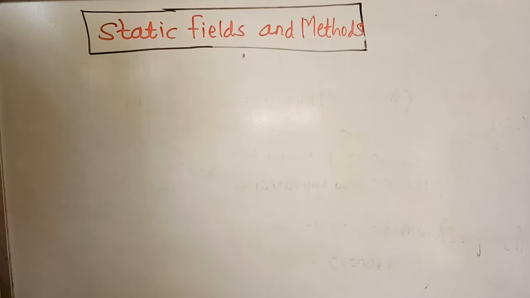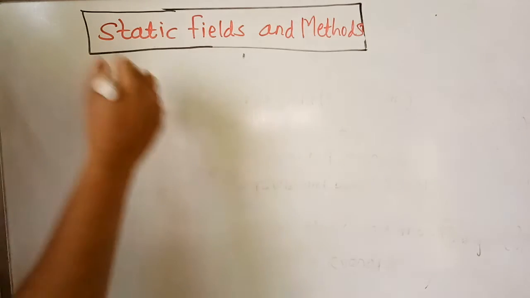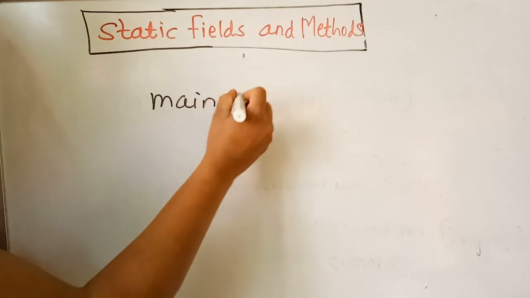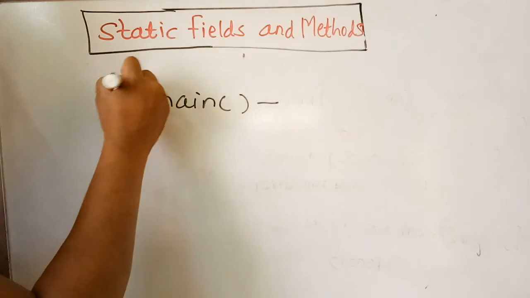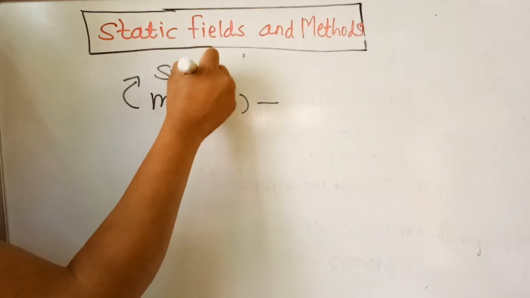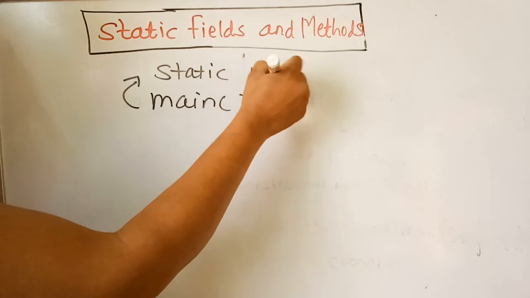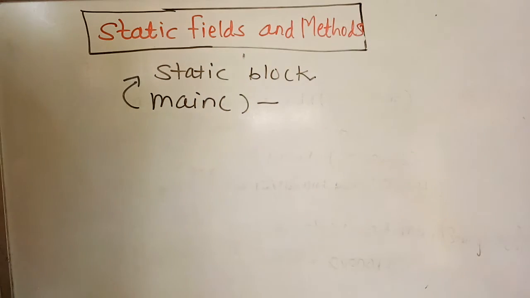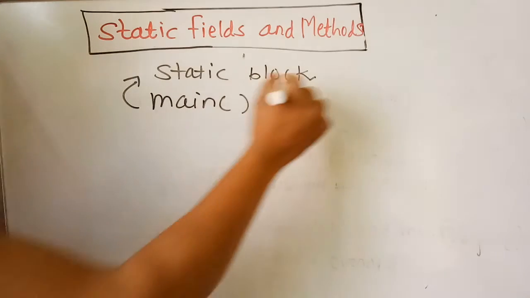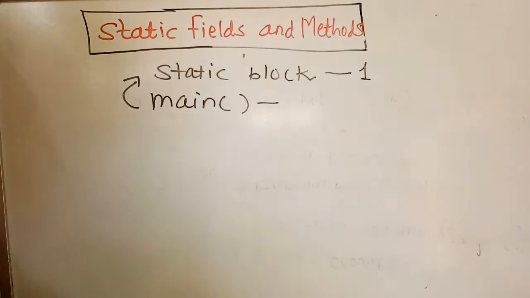Before execution of the main method, static blocks are executed. At the time of class loading, the static block is executed, but the restriction is that it is executed only once.